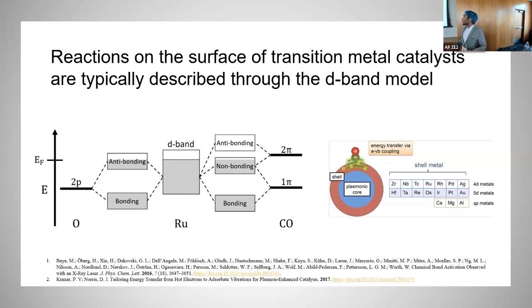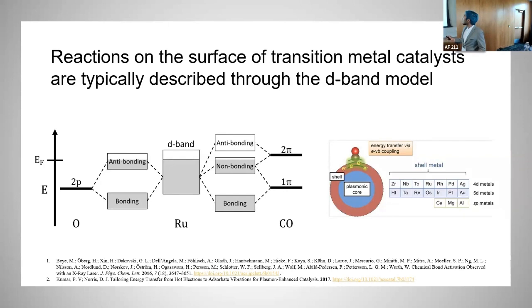And essentially what we're trying to do is mediate that location between the anti-bonding orbital and Fermi level to then bring it closer to the bonding orbital, which allows us to excite electrons from the bonding orbital into the antibonding.